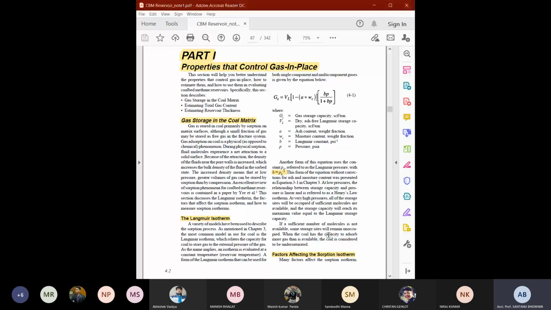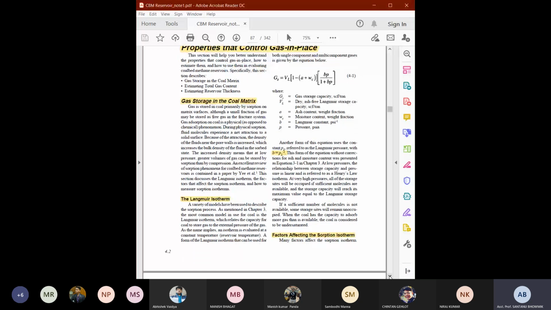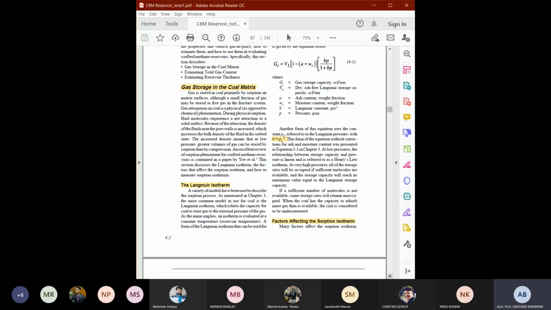Now, continuing from that, if we have established the Langmuir isotherm, or the relation between the pressure and the gas storage capacity at a particular temperature and composition of the gases, maybe only one gas or maybe 2 or 3 different gases, then only we'll be able to understand what the isotherm is. Okay. But then we need to understand what are the factors that are again going to govern this isotherm.